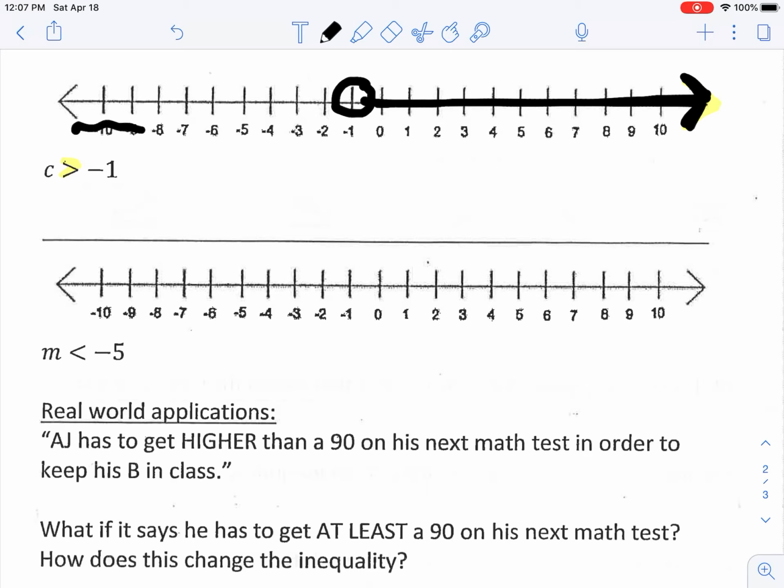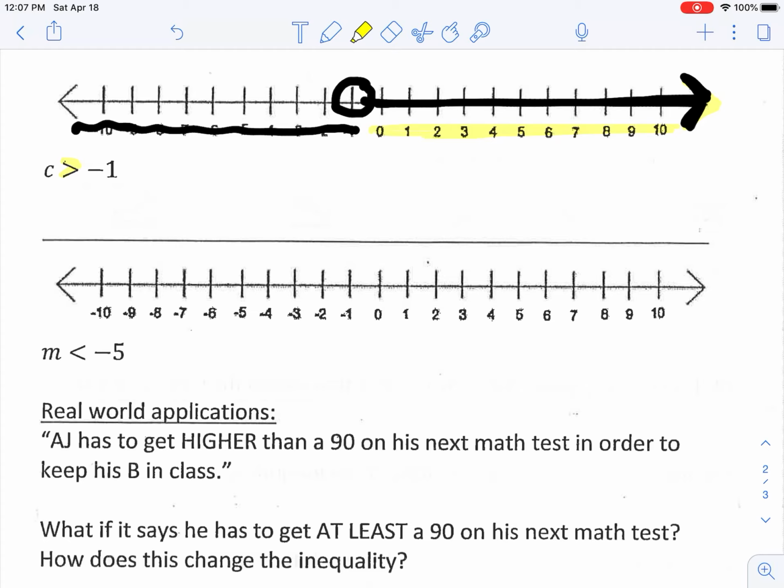If the temperature was greater than -1, all of these numbers could be the possible temperature, or any number greater than that. The temperature could have been 0, could have been 5 degrees, could have been 60 degrees, but it could not be -1.